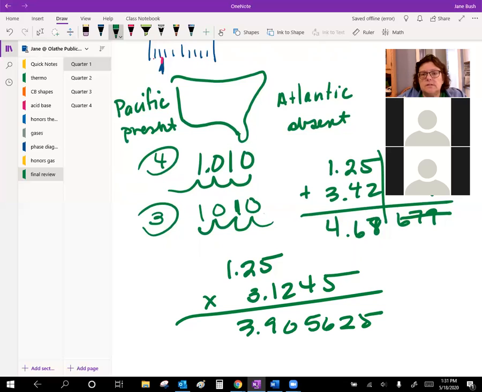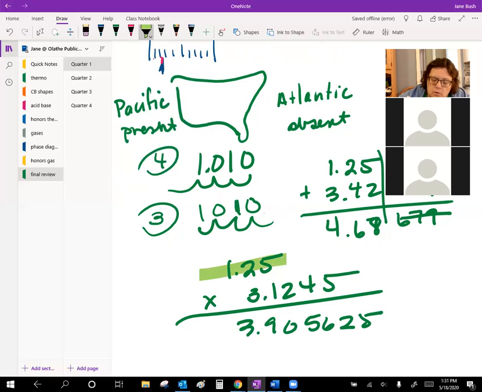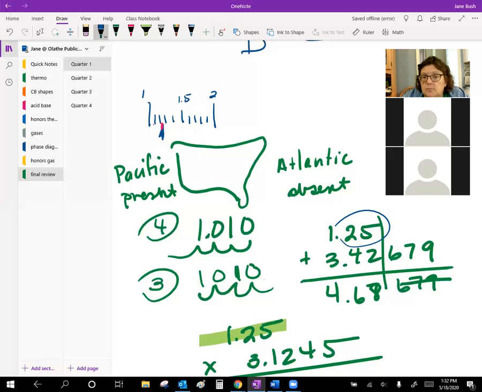The least number of significant figures in this was 3. So we have to go to 3 significant figures. Because that 5 is a 5 or greater, the number there for that answer would be 3.91. Okay, so when you're multiplying, you use the least number of significant figures. When you're adding, you use the least number of decimals.